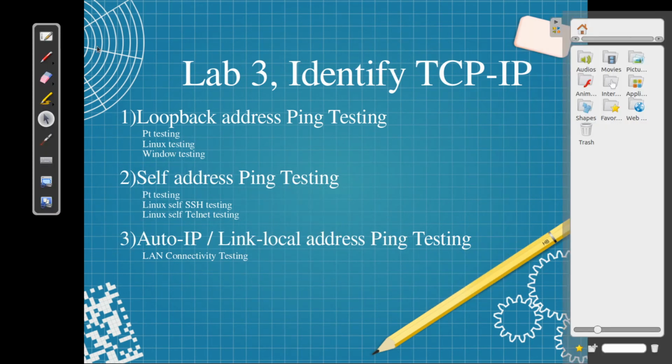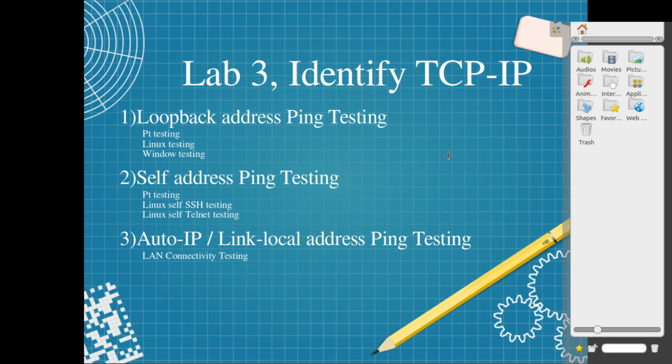In the first lab we have the loopback address pinging test. Why do you need this? If there is no connectivity, no connection, we will check whether there is a NIC card or not.